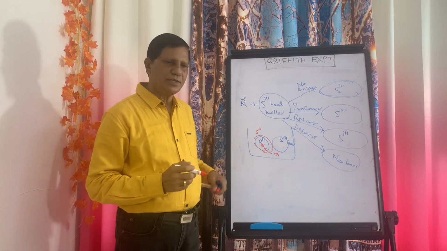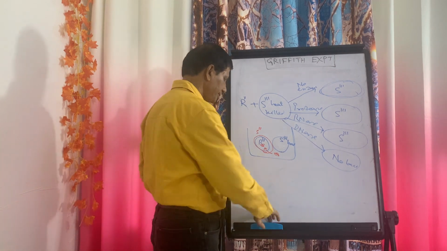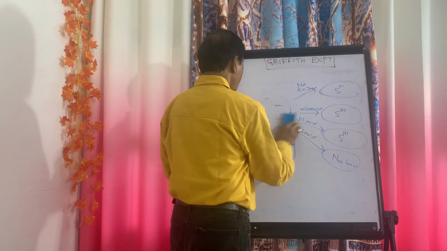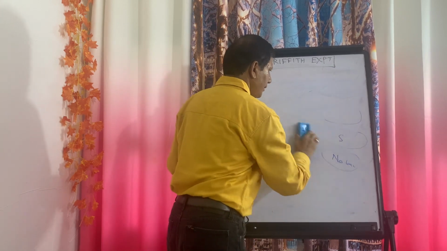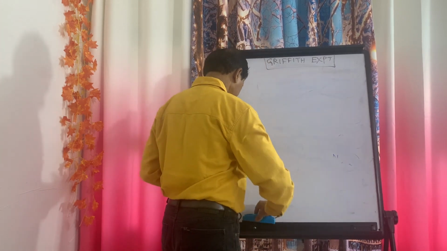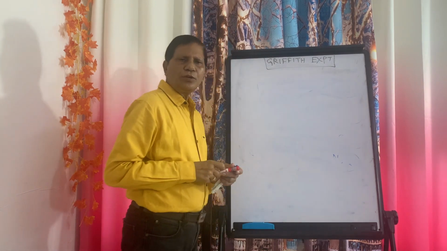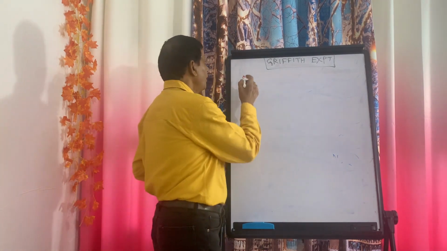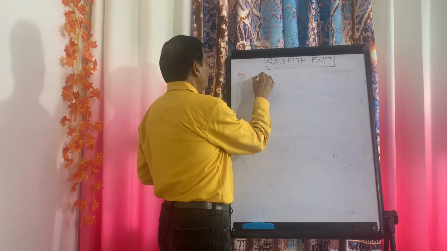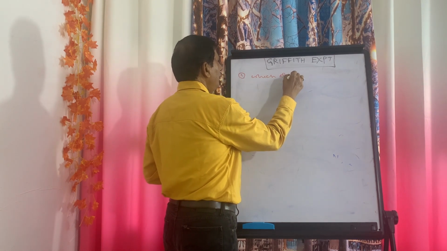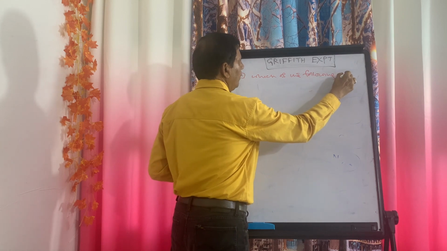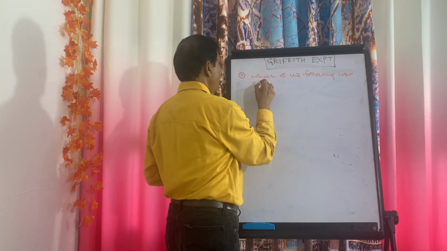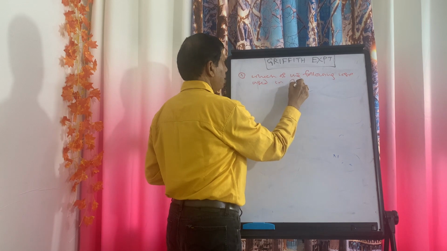Now we'll discuss some questions. So, number one question. Which of the following were used in Griffith experiment?